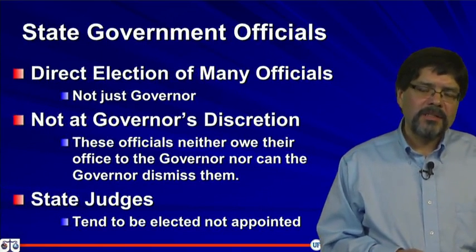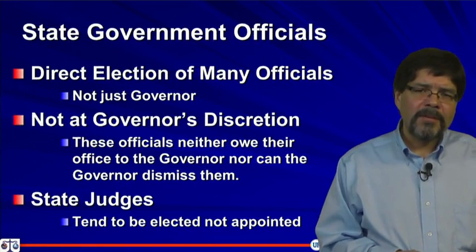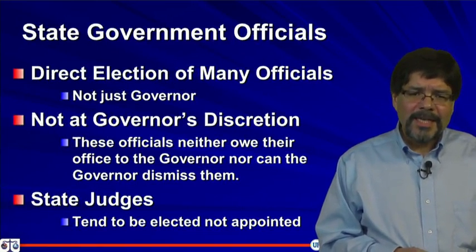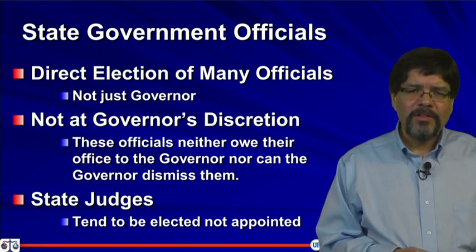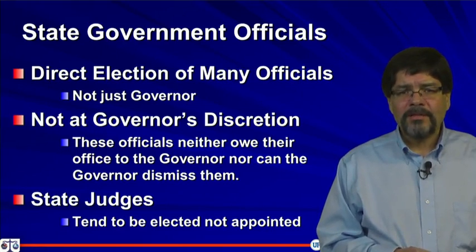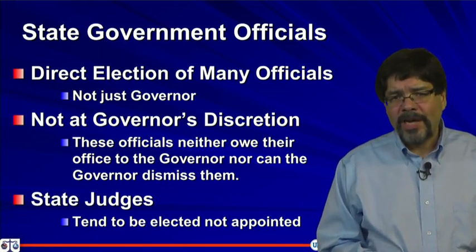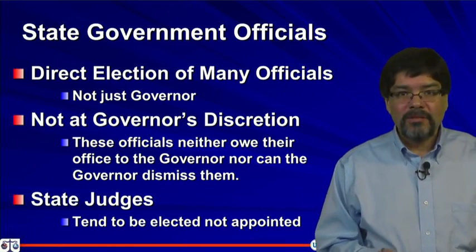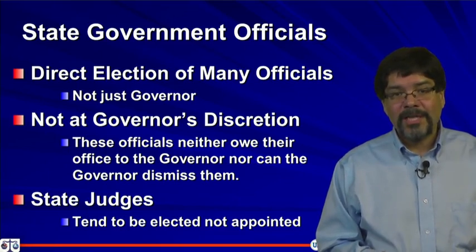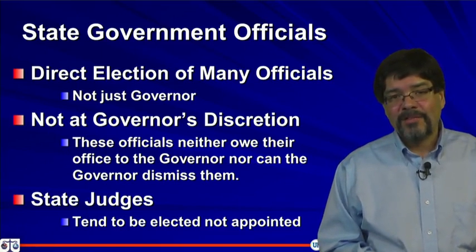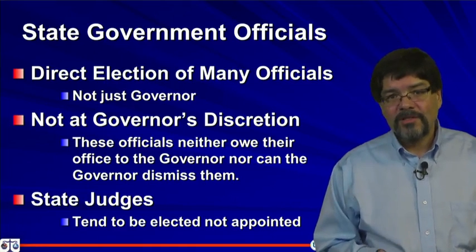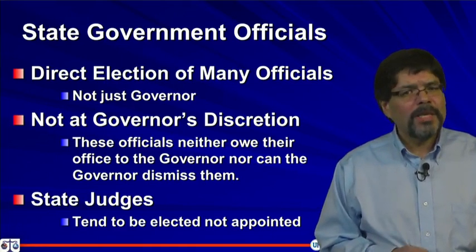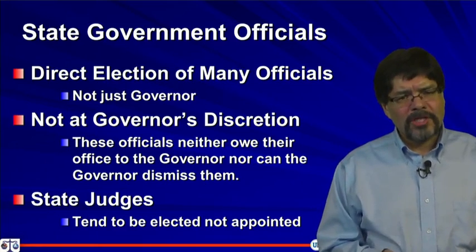One important characteristic of the American state is that most local officials are elected. Unlike the executive branch in the national government, for example, the president and the vice president are the only top executive officials. Everybody else gets appointed by the president, subject to the advice and consent of the Senate. It doesn't work that way at the state level, generally speaking.